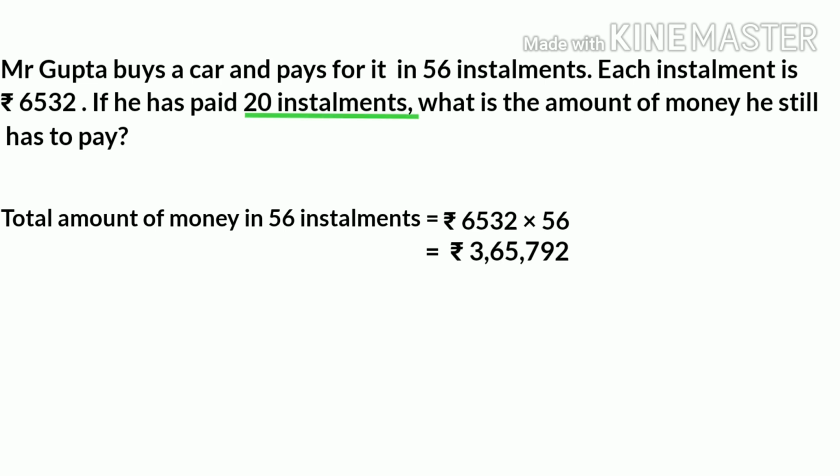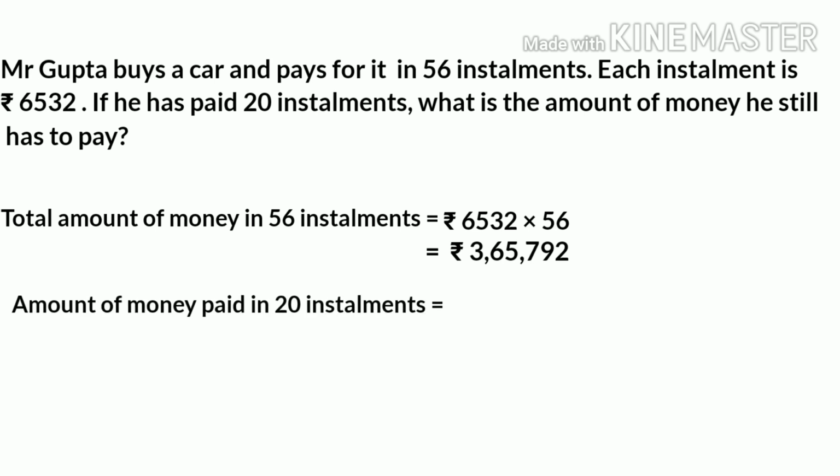Now if we look at the next part of the question, we come to know that he has paid 20 installments. But we don't know how much money he has paid in 20 installments. So since one installment is for rupees 6,532, to find the amount of money paid in 20 installments, we need to multiply the amount of money in one installment by the number of installments paid. That is, we need to multiply rupees 6,532 by 20.